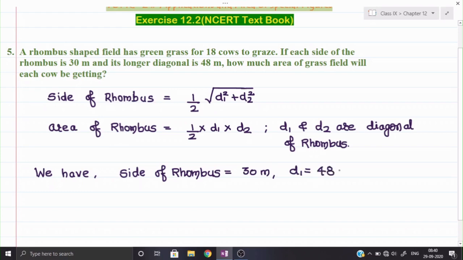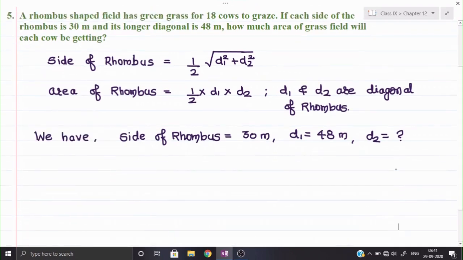The formula I have written above doesn't show d1 is bigger and d2 is smaller. Anyone you can take as d1 and d2. So d1 I am taking 48 meter, and d2 it is unknown for us. So by using the first formula I will come to know the value of d2, then value of d1 and d2 I will put in the second formula to calculate the area of rhombus. Okay, so here first we shall apply the formula.